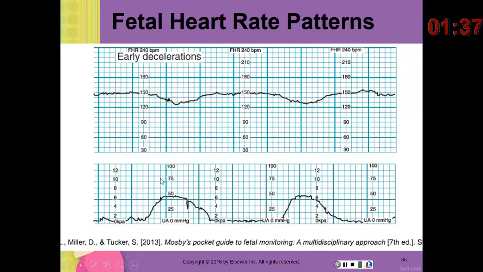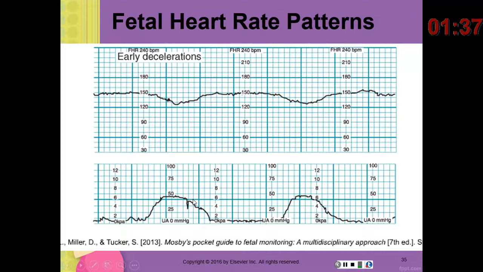So when we have external fetal monitoring, we can see how often they come and how long they last, frequency and duration. We cannot say exactly how hard they are. We can palpate the top of the uterus, the fundus, with our fingertips during a contraction, and we can say if it's strong, moderate, or mild, but we don't know exactly how strong it is.